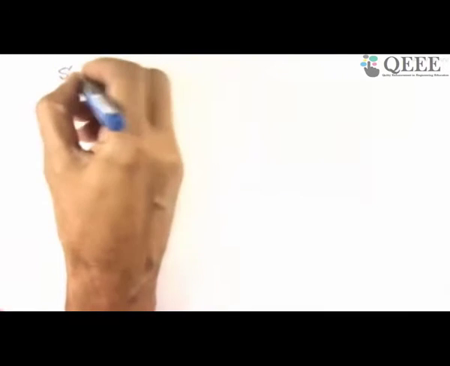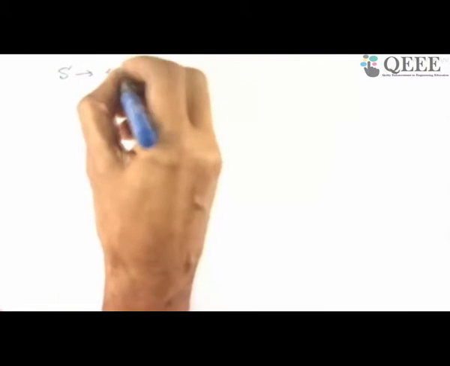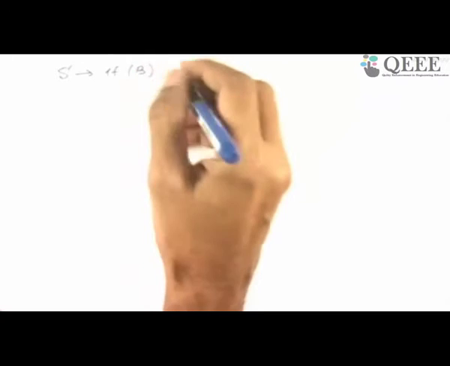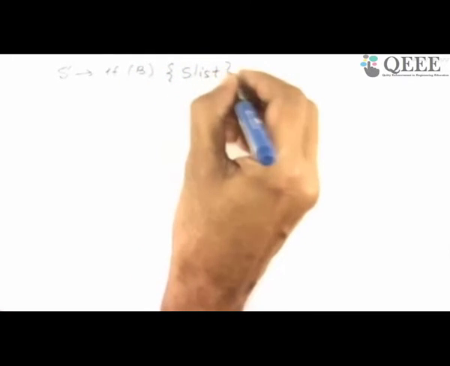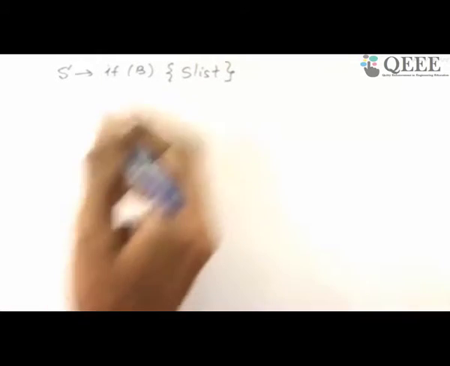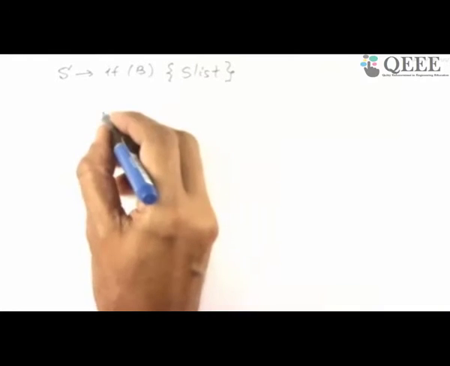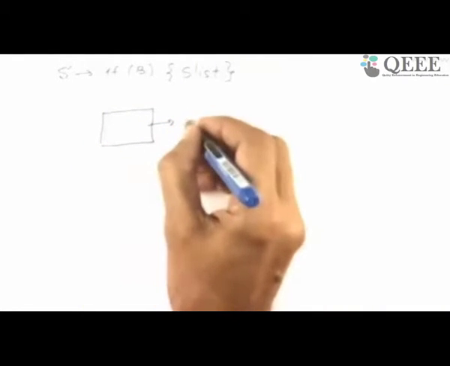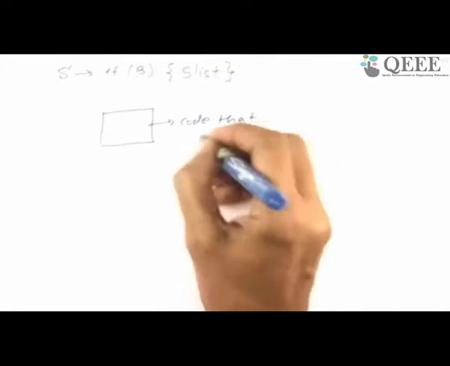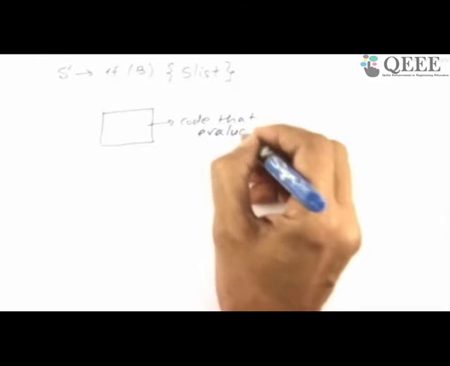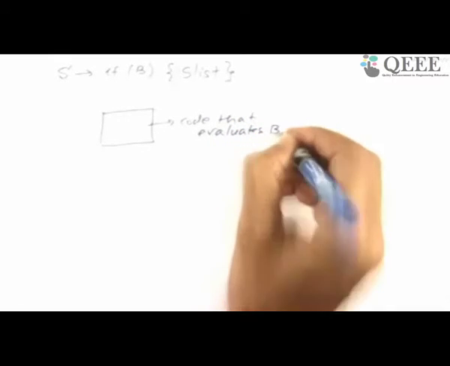So I will again go back and repeat this. This is what my rules are. Now we are saying along with parsing, suppose you are going fine. So this is a piece of code, and we don't know how big, intermediate code that evaluates B. This is obviously minus many details.